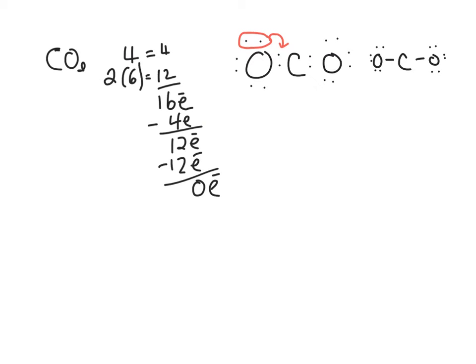And we're going to do the same thing on the other side, because that will allow us to increase our number of bonds. So this is going to become a bond, and this is going to become a bond. So what happens is you end up with this. So let's check this out.